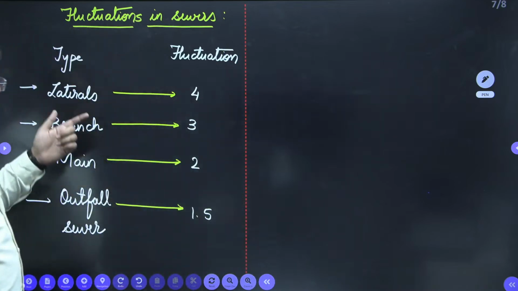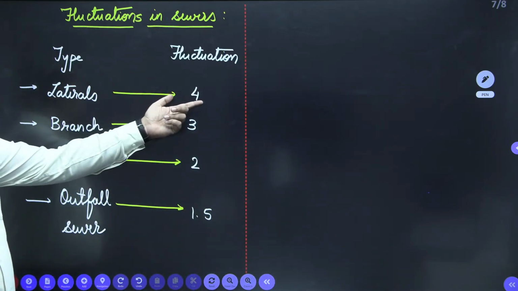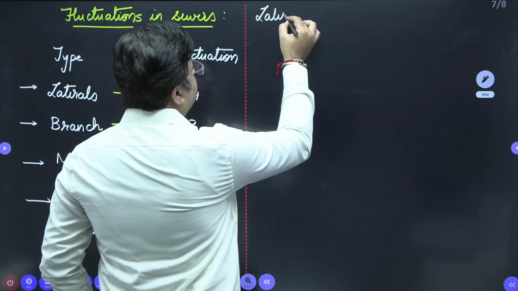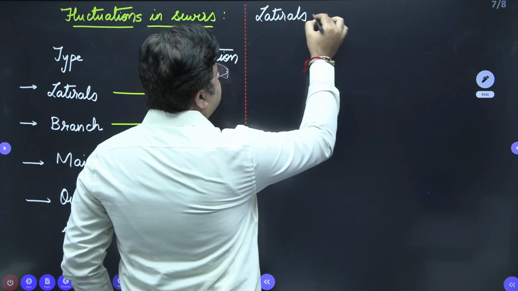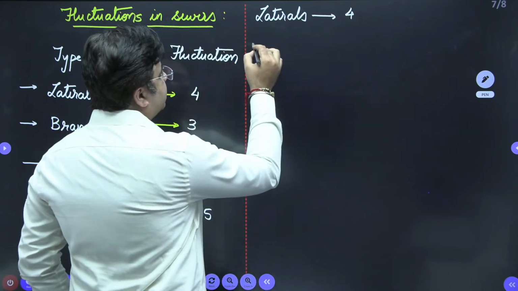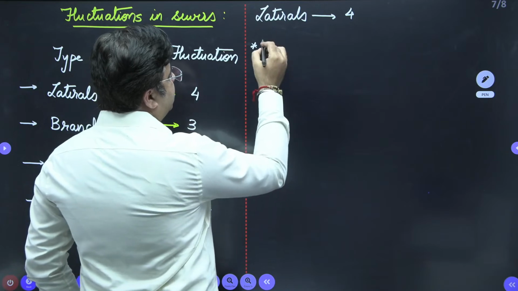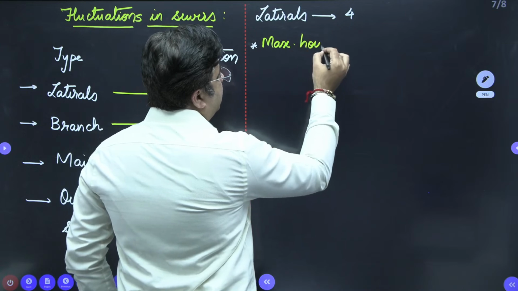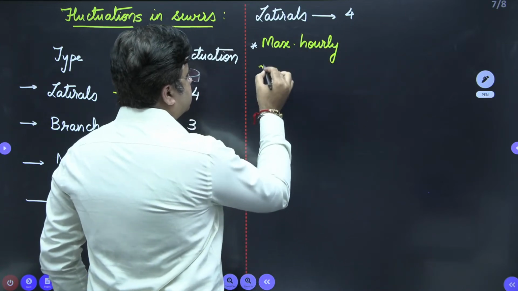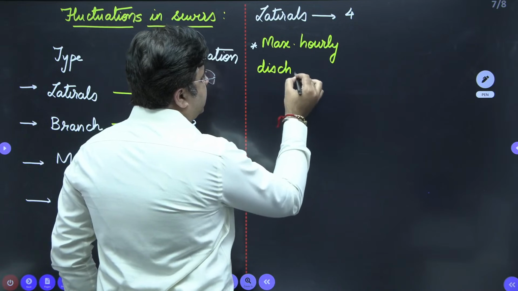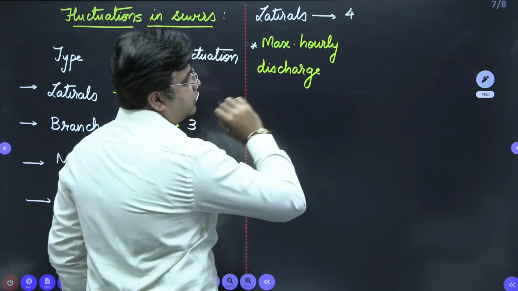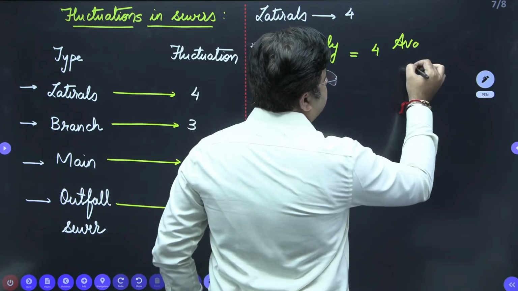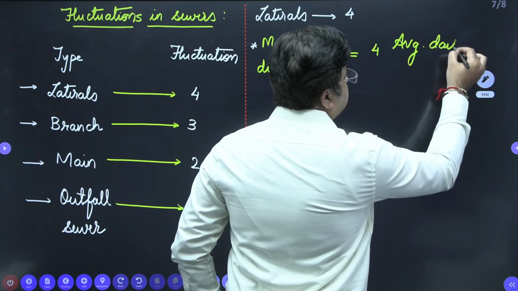So, for example, if I talk about laterals, for laterals, fluctuation is 4. Here I will give the heading laterals. How to use this fluctuation? For laterals, fluctuation is 4. It means that maximum hourly discharge is equal to 4 times of average daily discharge.